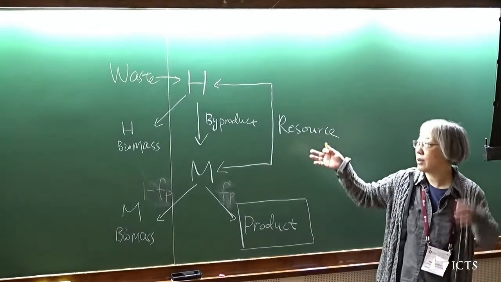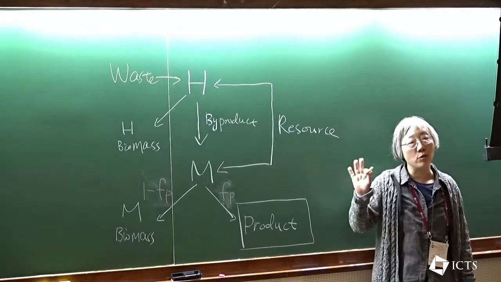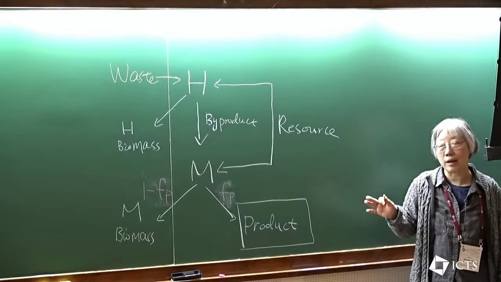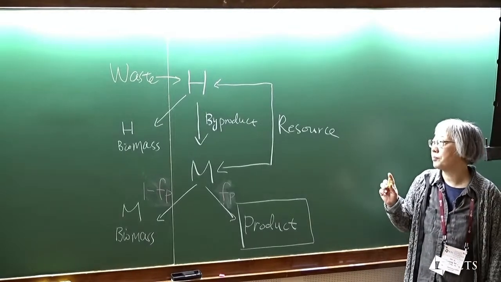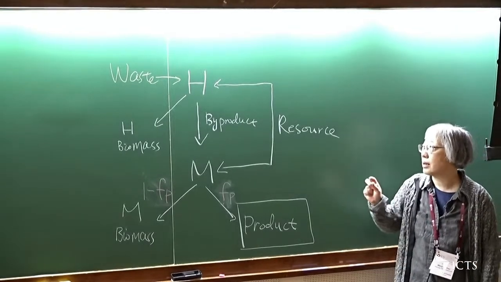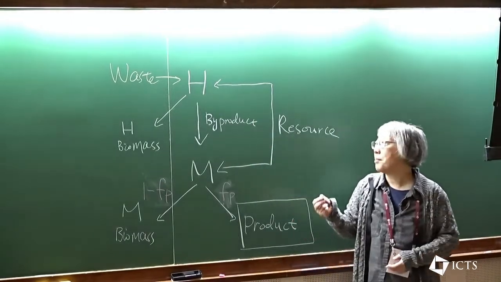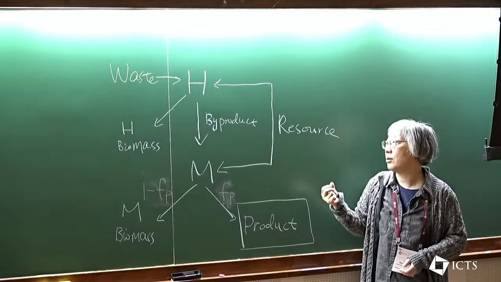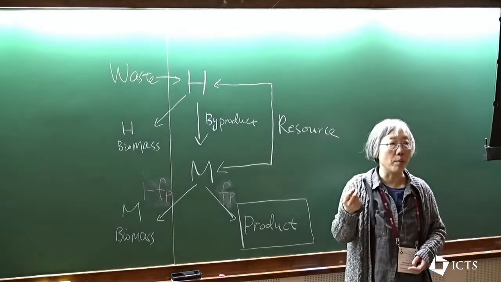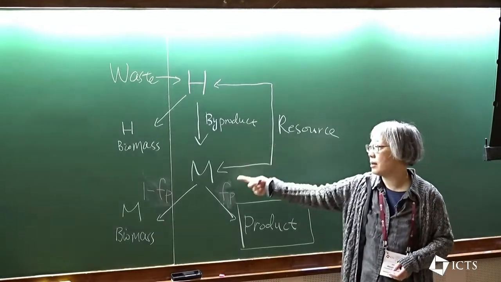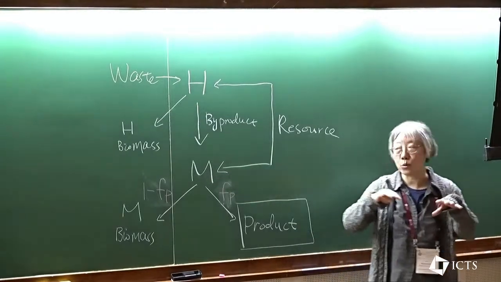FP is used to make the product we want, and the rest is used to make biomass. I want to emphasize that this kind of system has been used in engineering, in bioproduction. For example, the helper would degrade some cellulose and make, for example, tryptophan. Tryptophan is a very important molecule. The tryptophan is then used by the M to make products.